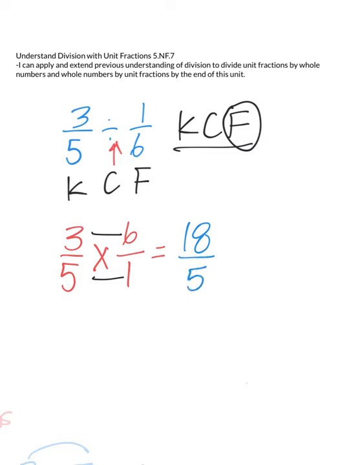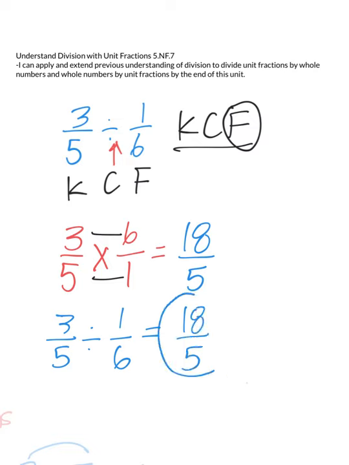That lets me know that 3/5 divided by 1/6 is equal to 18/5. 18/5 can be turned into a mixed number. We know that 5 will go into 18 3 times, with 3 left over and 5 as our denominator.